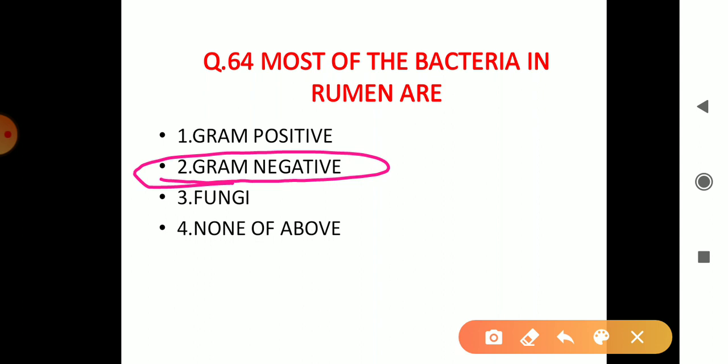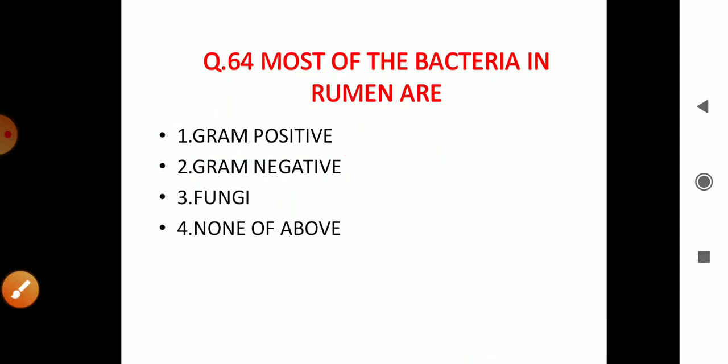So a condition is there where a bloat-like condition or swelling of the rumen is found. That condition is known as ruminal acidosis. In that condition, the gram positive bacteria predominate, but in normal condition, the gram negative bacteria predominate in the rumen.